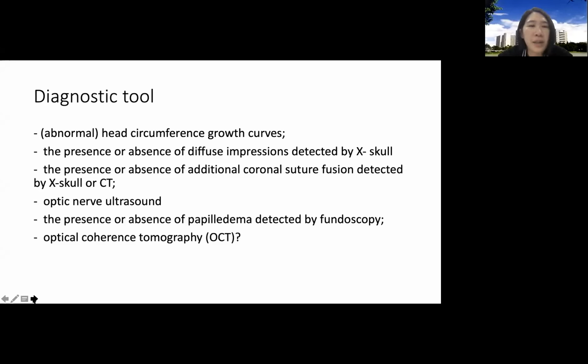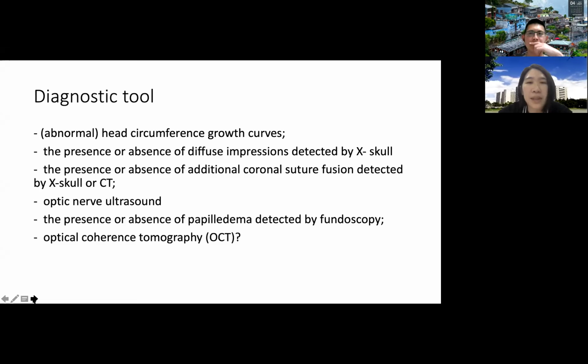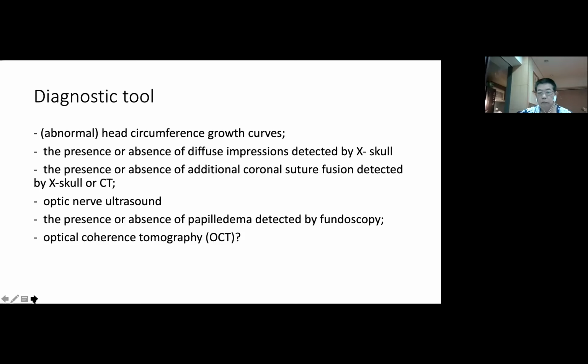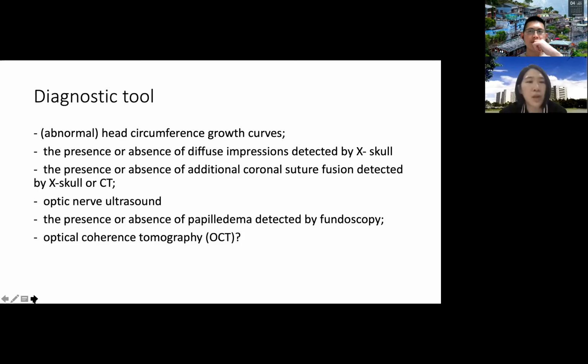Also the presence or absence of additional coronal suture fusion detected by X-ray or CT, optic nerve ultrasound, fundoscopy to find evidence of papilledema, or optical coherence tomography, which is called OCT.